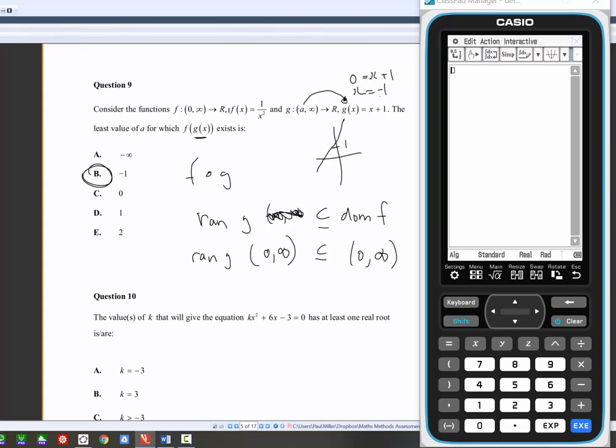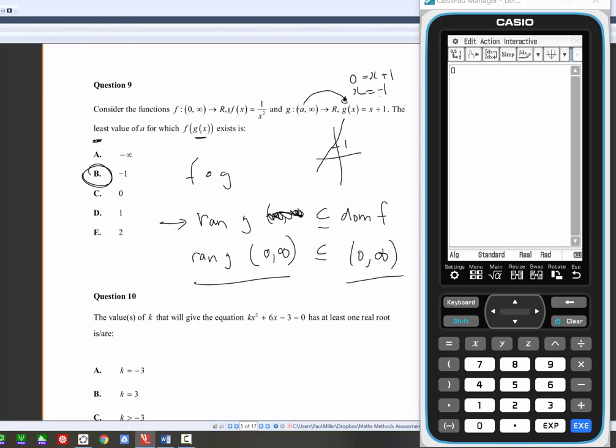So again, just to go back on what I've done there, because I think this is a little confusing, the rule for composition is the range of the inside function must be a subset of the domain of the outside function. So we know the domain of the outside function is this. So what we need to do is make the range of the inside function a subset of it. So it has to be from 0 to infinity.